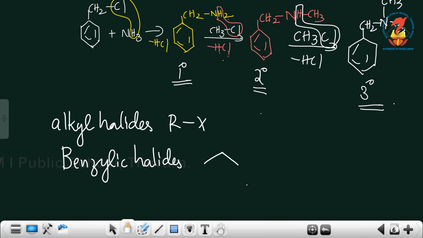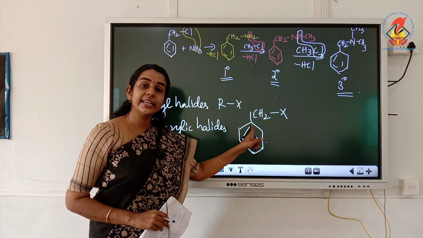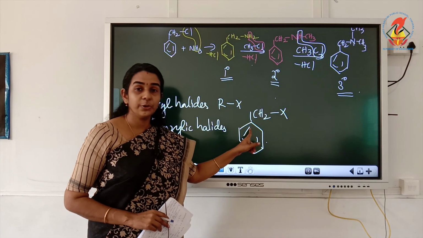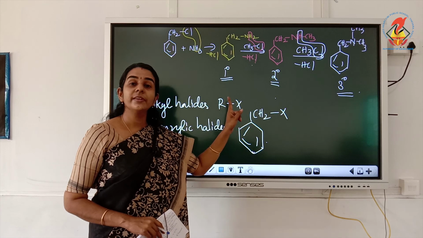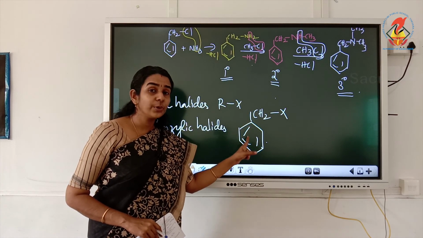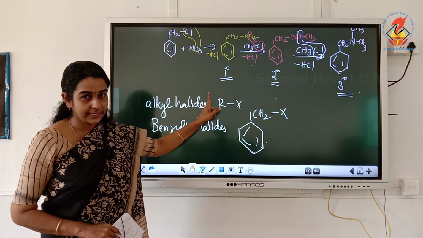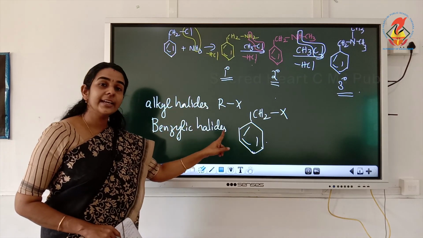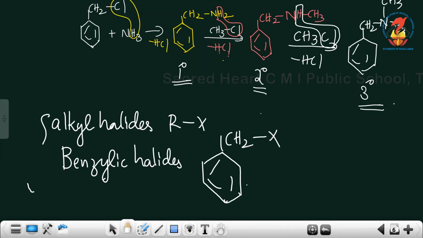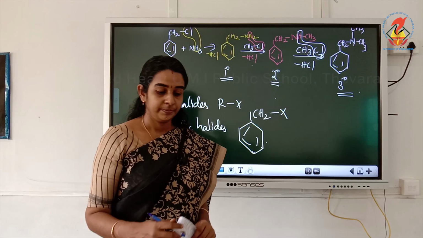Benzylic halides means benzene ring containing CH2X, because if this X is directly attached to the benzene ring, we know that there will be resonance, there will be double bond character, and it is difficult to replace. So aryl halides cannot undergo ammonolysis. Only benzylic halides and alkyl halides can undergo ammonolysis.